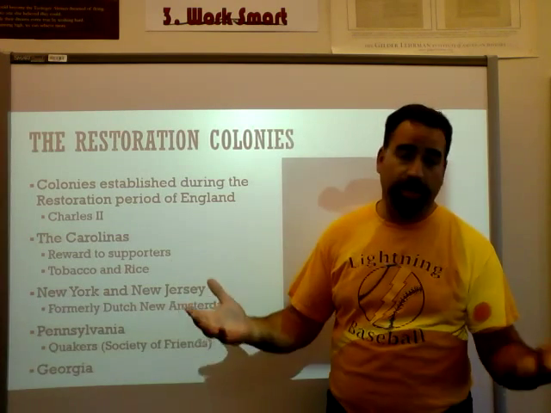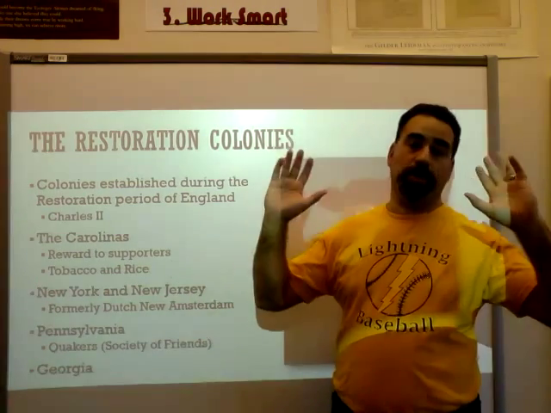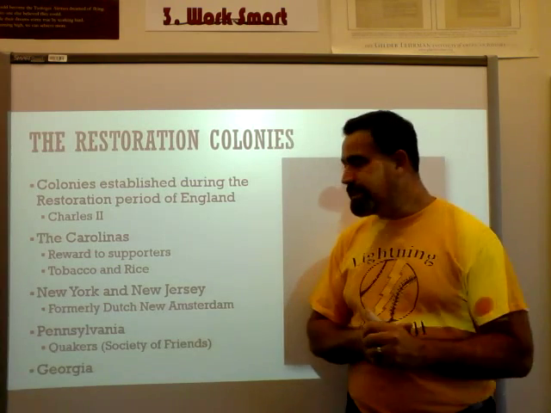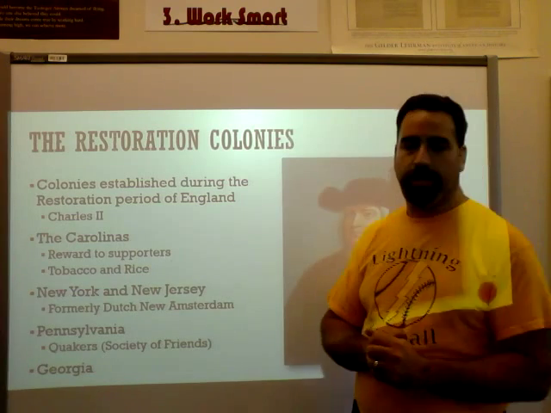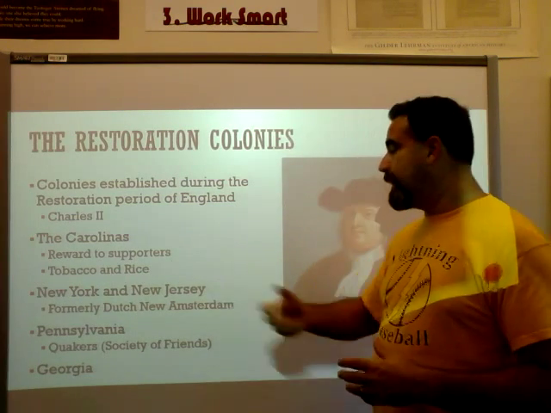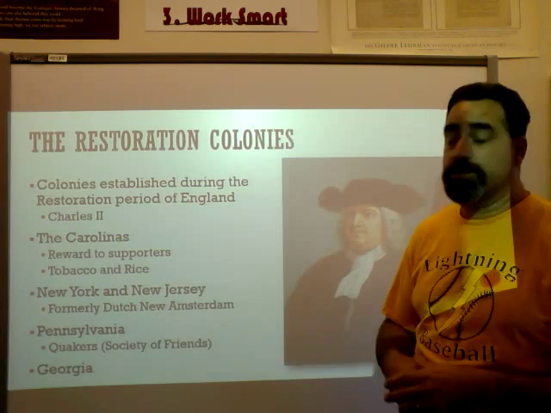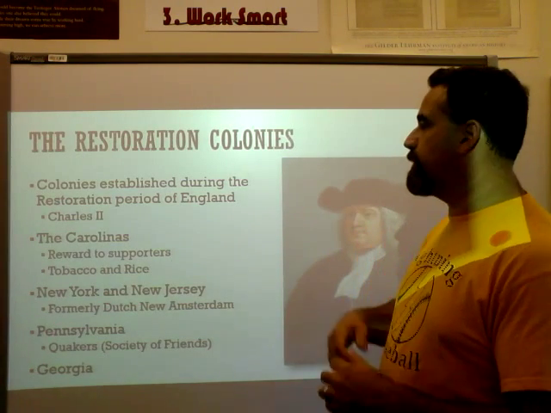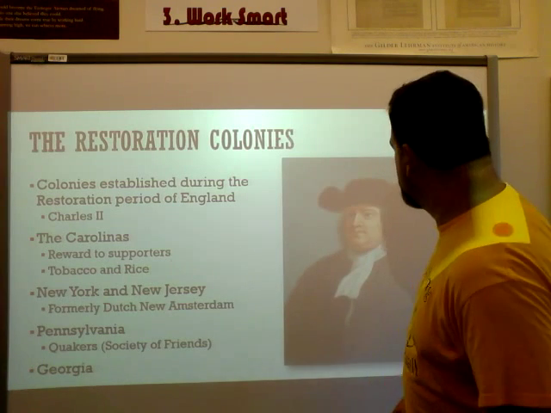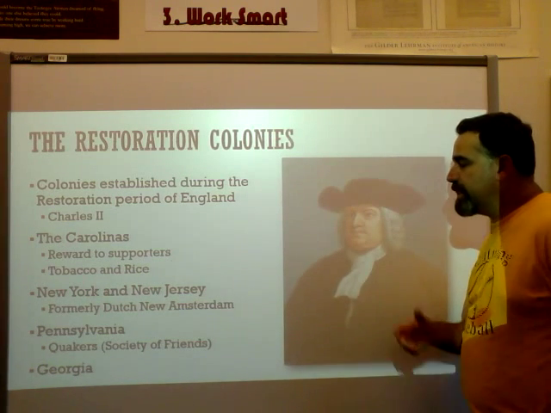The Dutch are surrounded by English, so they say, yeah, all right, well, we'll give up our lands. And these lands were called New Amsterdam. Well, once the English took over those colonies called New Amsterdam, they had the name changed to New York and to New Jersey.